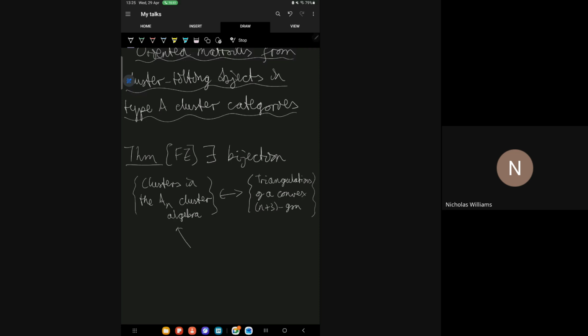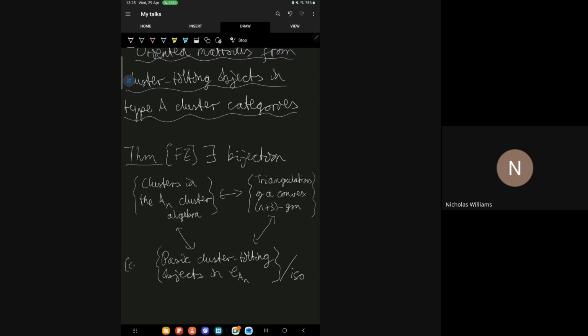And there is, I suppose, a categorical version of this bijection. So instead of clusters in the A_n cluster algebra, we can have basic cluster tilting objects in the A_n cluster category, which I'll write like so, up to isomorphism.